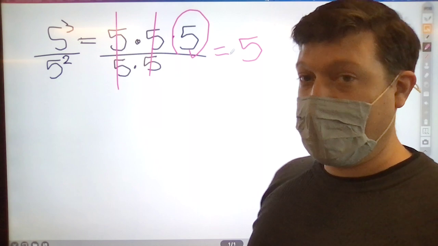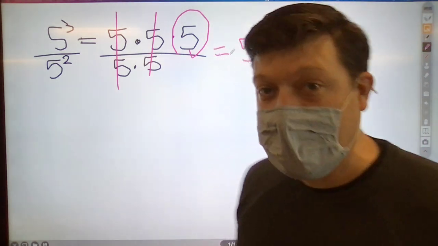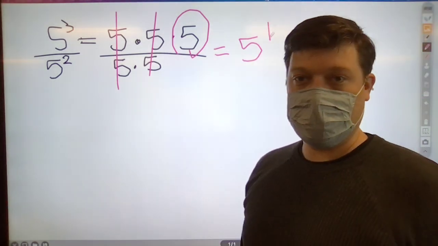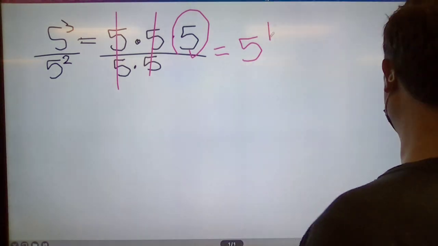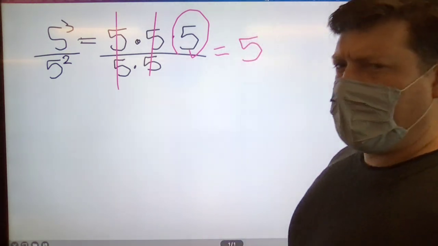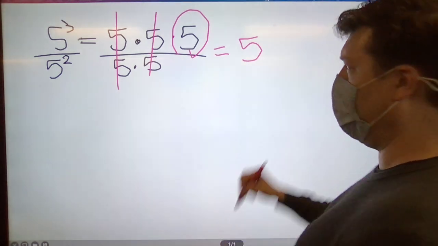Now, if you write a 5 down, it does have an exponent. The exponent still is there. It's a 1. But we don't really need to write that. The point is that there's just 1 there. The goal of this video is to look for a shortcut.